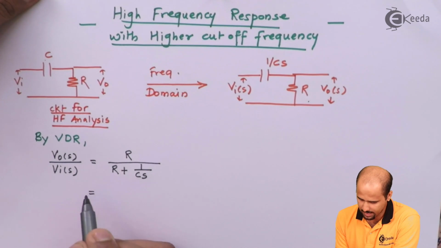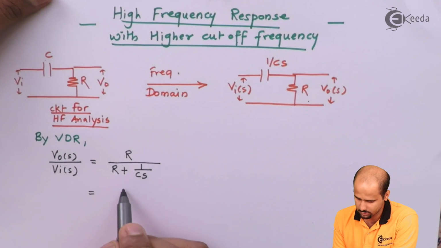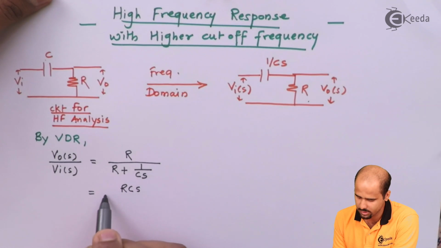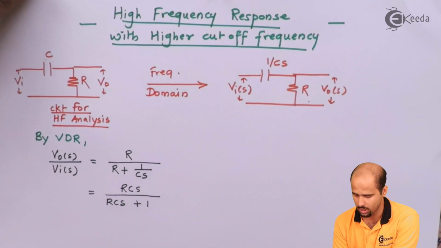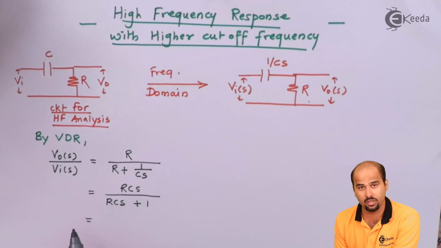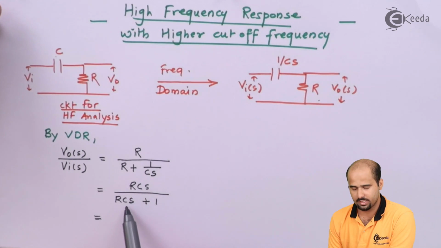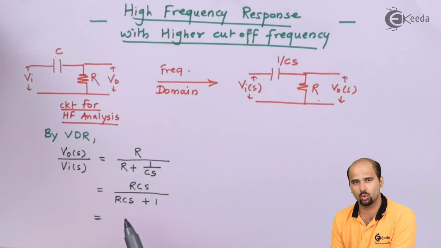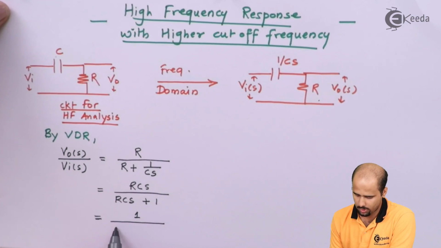I'll simplify this voltage gain further. We get RCS divided by RCS plus 1. So far so good, we have got RCS divided by RCS plus 1. Now we will modify this term as 1 upon 1 plus 1 upon RCS.